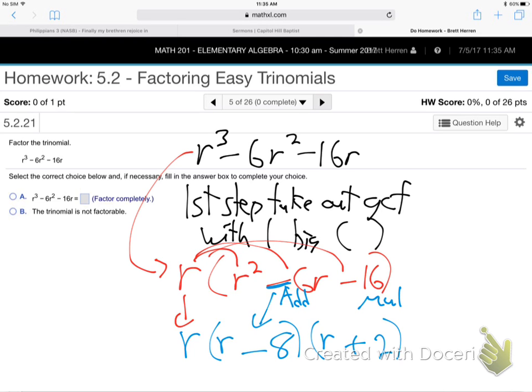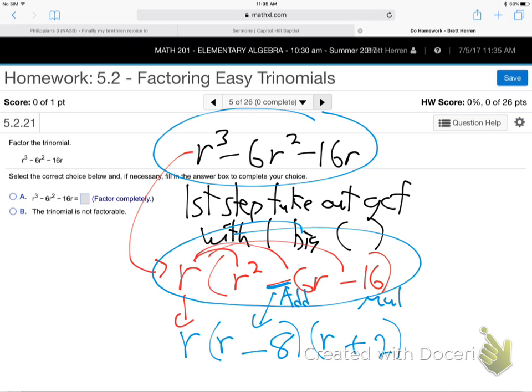So are you only just trying to figure out the big number? It's negative 8 times 2 equals negative 16. So you're only trying to figure out negative 16R then, not 6R squared? Well, this we're no longer looking back to because we took out the R. So first off, don't be looking back here once you've taken out a GCF, because you're not trying to factor this anymore.